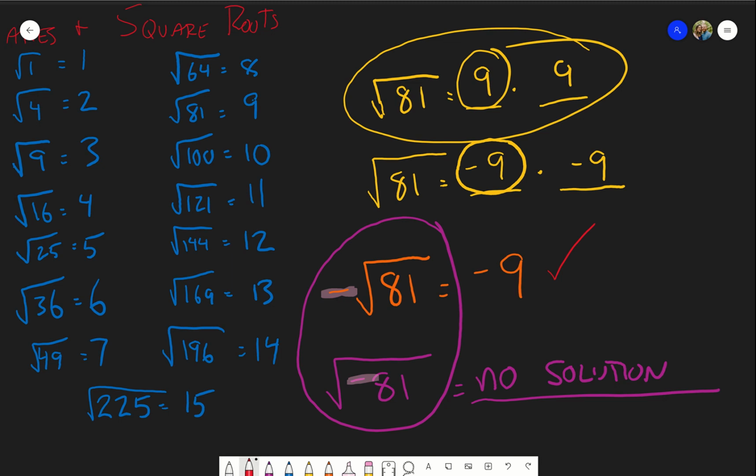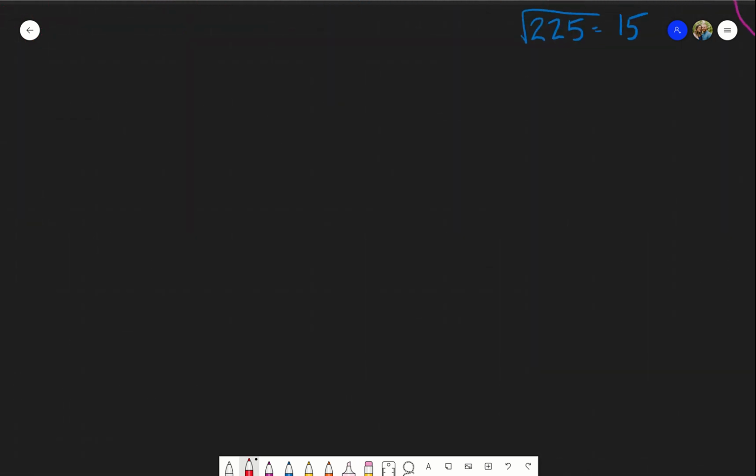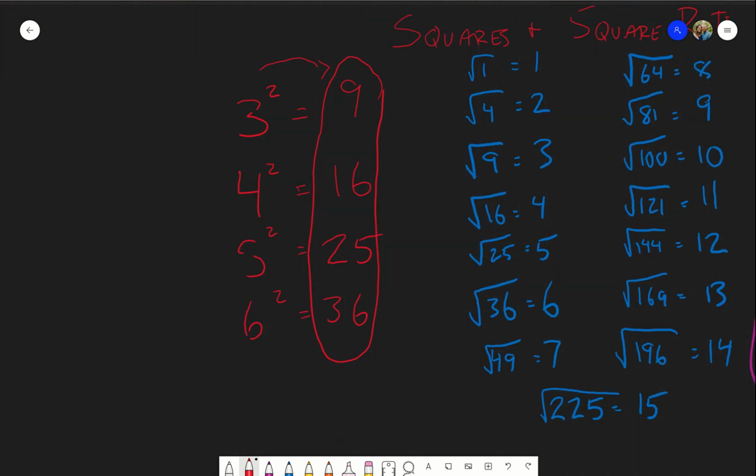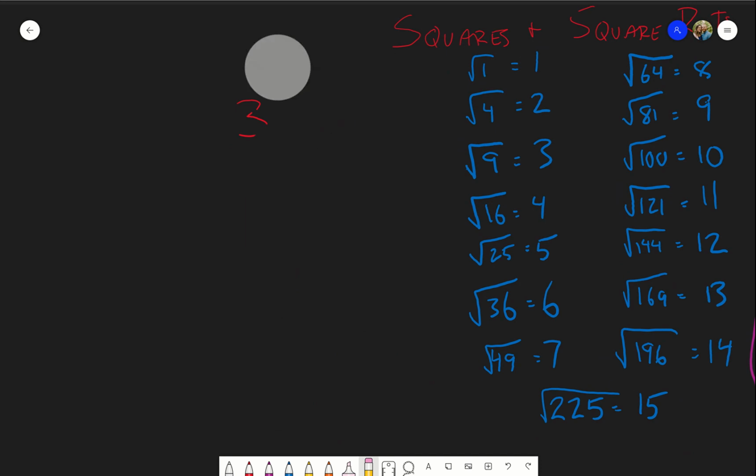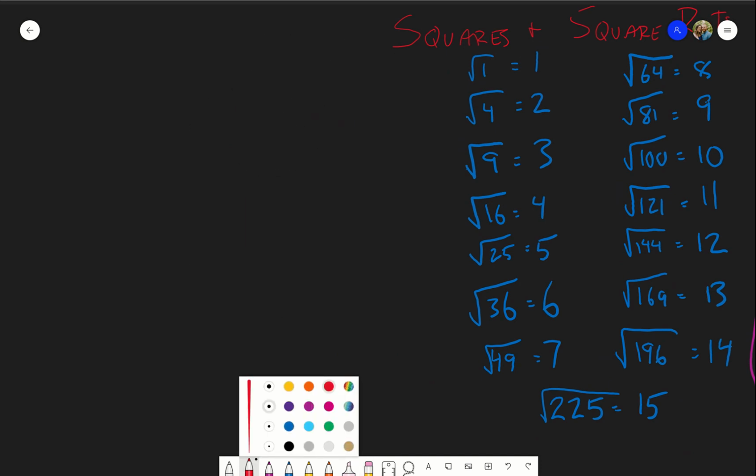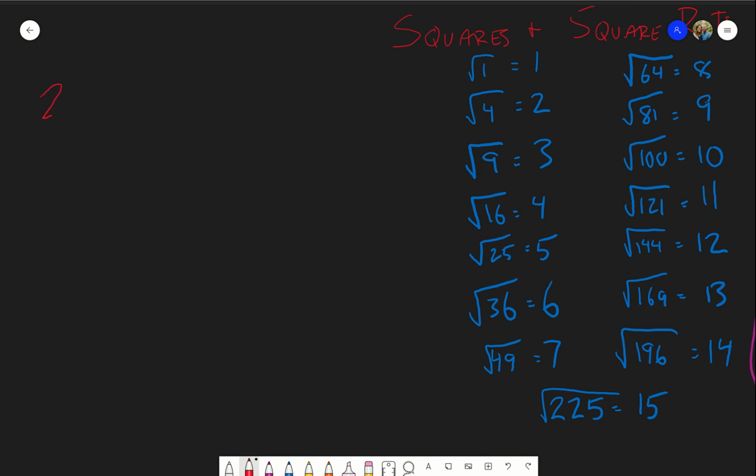One more thing I want to talk about is solving some square root equations. Okay, so let's say I have something like 2 times the square root of 25 minus 4.